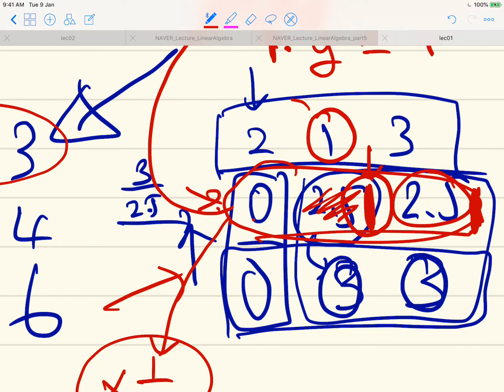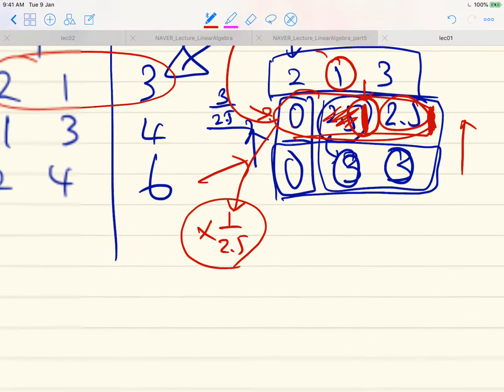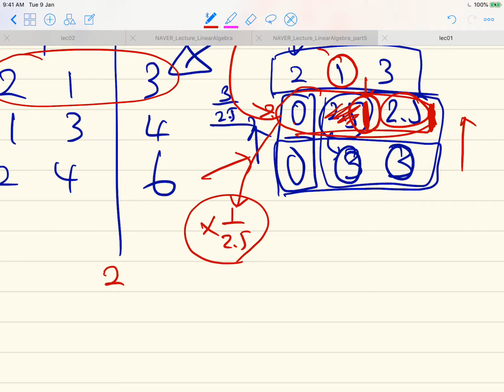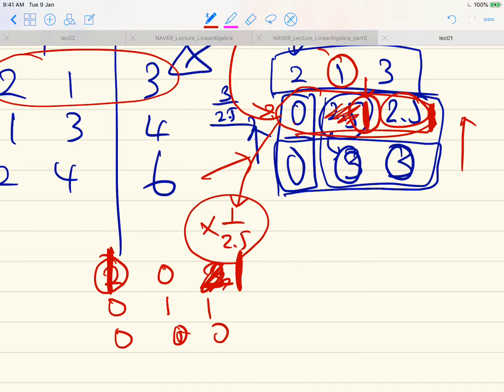And so we subtract the second one from the first one, right? And so the first one is 2 and 0 and 3 and 0, 1, 1, 0, 0, 0, right? And then we can also scale this one to 1. Oops, it should have been 2, right? And then it should be 1, right? Okay, so this is the final result of Gaussian elimination on this matrix, right?